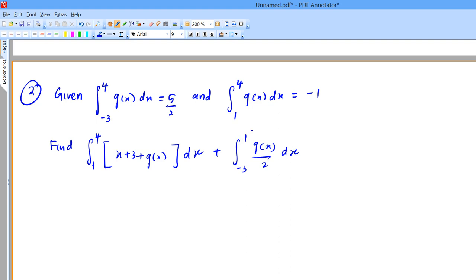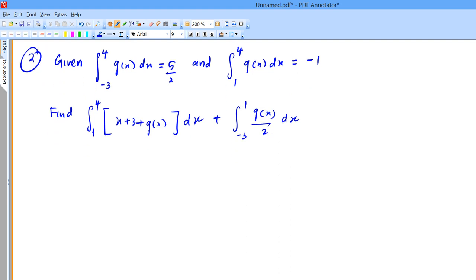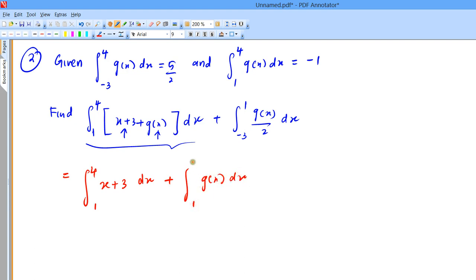To solve this question, first of all, for the first term, we can separate the term because we have a variable and a function name. So it equals the integral of x plus 3 dx from 1 to 4, plus the integral of g(x) dx from 1 to 4.